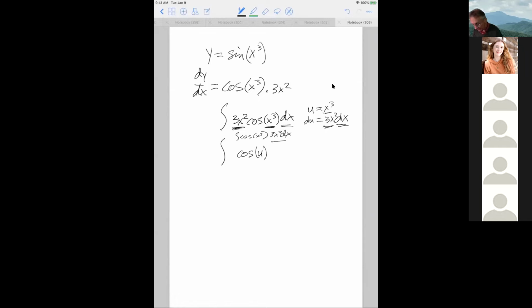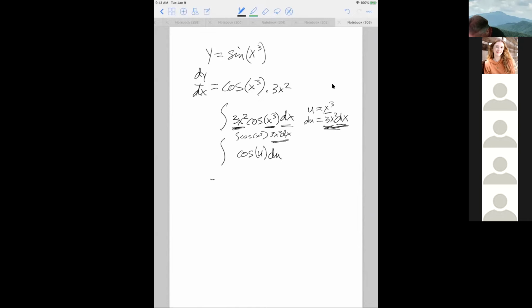Put those together, okay? Well, this is my dx. So, excuse me, that's my du. So this is cosine u du. Now, what's the integral of cos of x, or cos of u? The answer is sine.